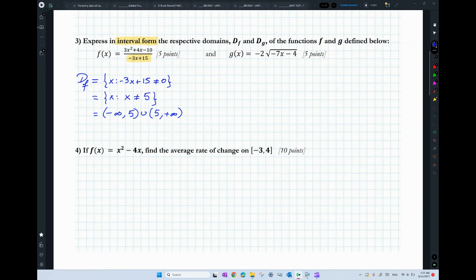For g, the domain would be the x values such that, I've got a square root, so this cannot be negative. That means it has to be positive. So I'm going to write negative 7x minus 4 greater than or equal to 0.